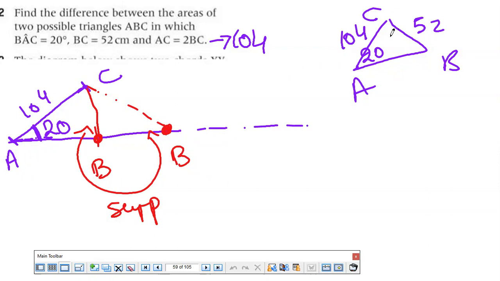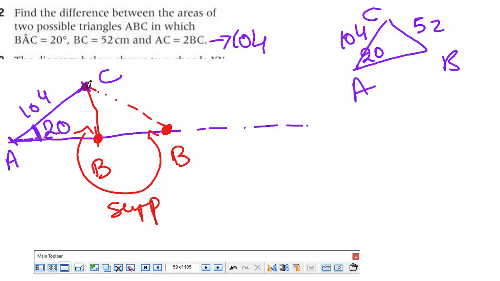So if I want to draw this triangle, again, I will put AC as 104. You will make the angle 20, and this side here, I don't know its length, but I know that C is here, and I need to make the side CB equal to 52.